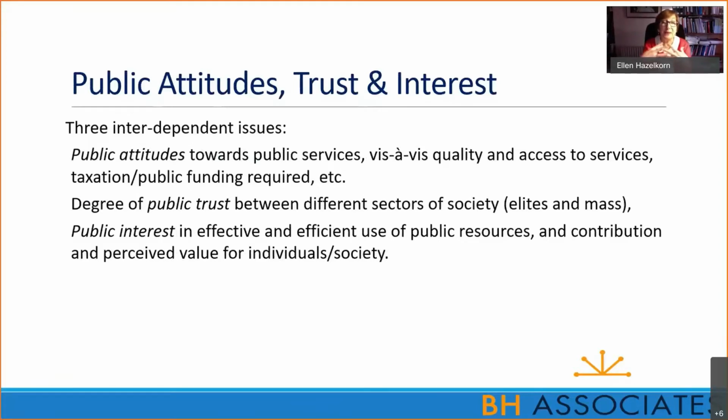There's the issue of public attitudes towards public services, the issues not just of the quality of those services, but access. Who has access and how are those goods distributed? We're going to engage in quite a long discussion now, which is quite interesting, about the distribution of the vaccine. Who gets it? Who gets it first?